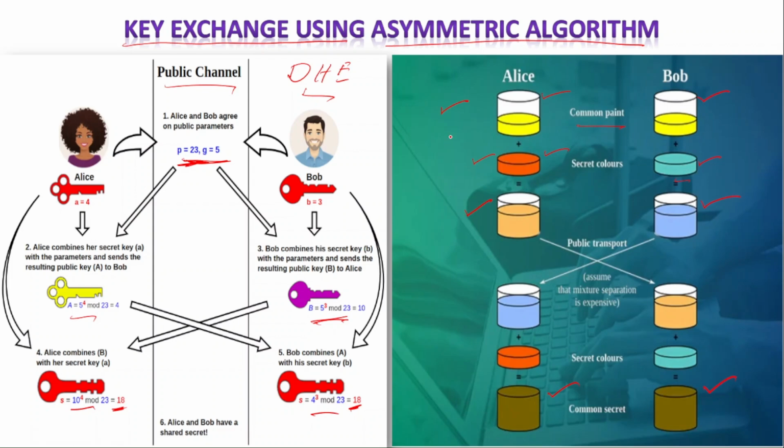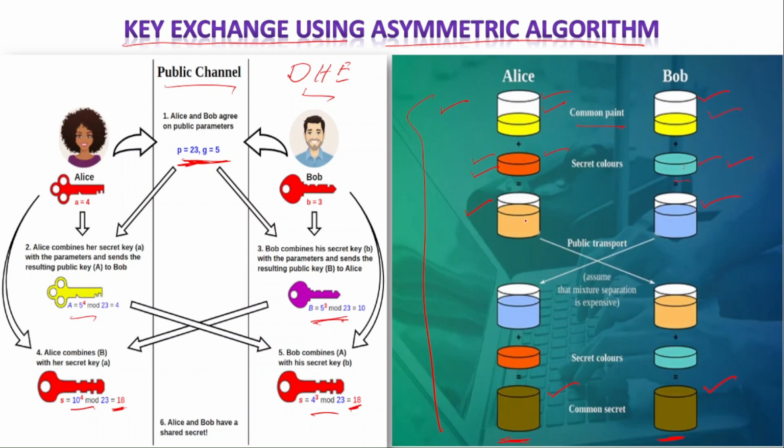So this whole mathematical calculation results in a common secret key without exposing it on the public channel. So remember, they chose something common that can be shared over public media, but they also chose something private or secret. Bob's secret is not known to Alice, Alice's secret is not known to Bob, and it is also not known to anyone else.